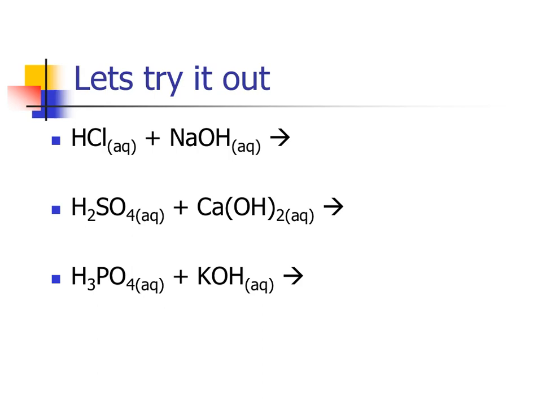So let's try some out. We'll start off with a very simple one in that we will have hydrochloric acid and sodium hydroxide coming together and forming. And we know in a neutralization reaction we have an acid. We know we have an acid because we have the H written first, okay? Being able to identify your H's, your acids, and therefore a base. And usually if you have an acid, there's going to be a base present. It's just how strong of a base is there. The other one is probably going to act as a base.